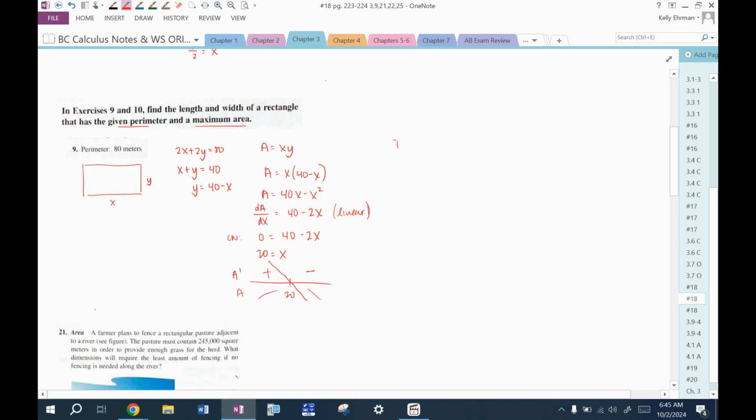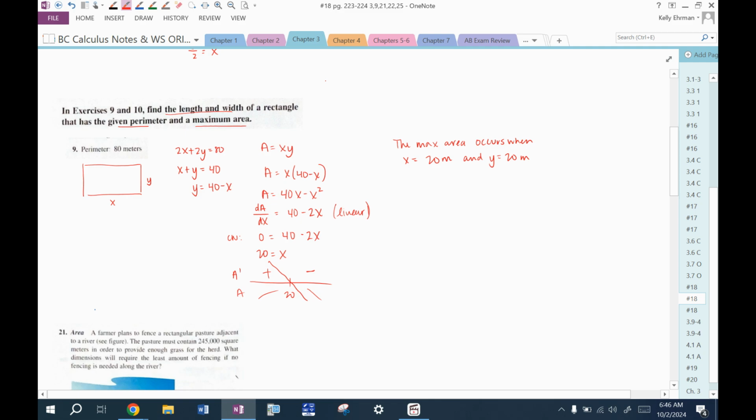So I would say the max area, they don't ask us what it is, just find the length and the width. Max area occurs when x equals 20, 20 meters. And y equals, let's see, so if x is 20, y is 40 minus 20, so y is also 20 meters.